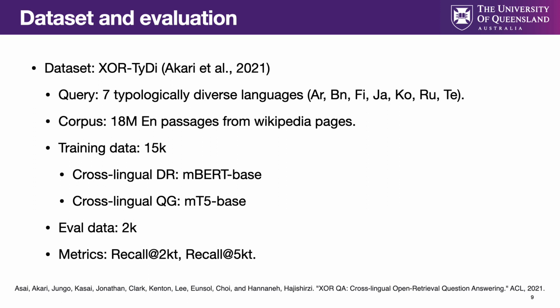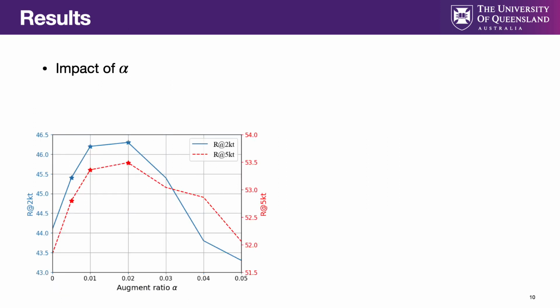There are 15K relevant query-passage pairs in the training data, and we use this portion to train the cross-lingual dense retriever, which is an mBERT model, and the cross-lingual query generation model, which is an mT5 based model. We use the official 2K evaluation queries to evaluate the effectiveness of our method. We then report the official evaluation metrics, which are Recall at 2K tokens and Recall at 5K tokens.